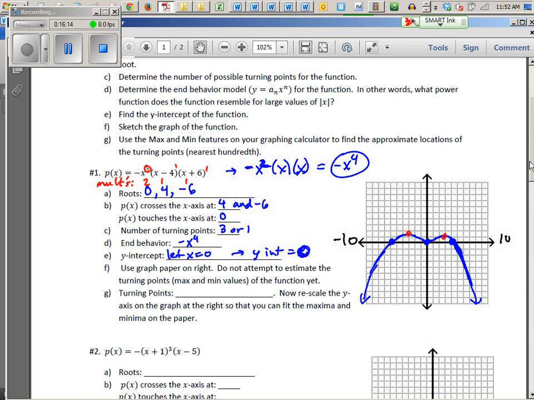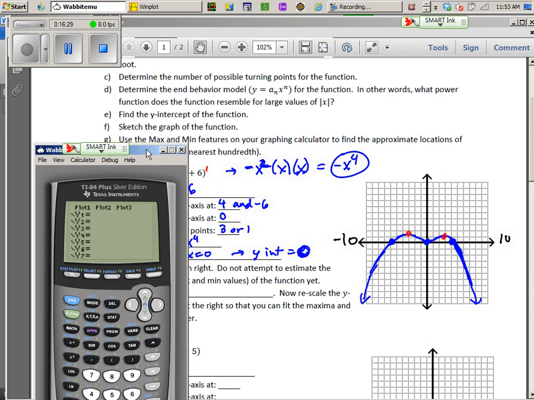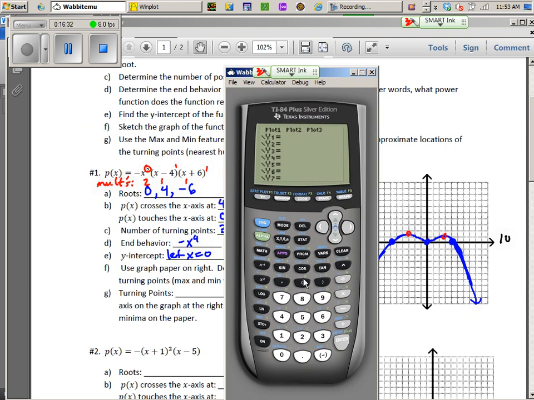Okay? So you can turn on your graphing calculator at this time. And enter the function under y equals. It is negative, and you can just type it just like it looks.